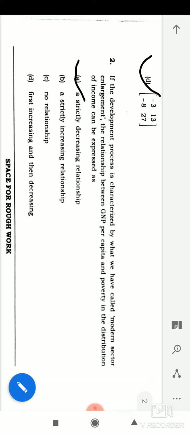According to the modern sector enlargement relationship, as GNP per capita increases, the rate of poverty declines. So there is an inverse relationship, or a strictly decreasing relationship, between GNP per capita and the rate of poverty. So the answer is a strictly decreasing relationship, which is given in option A.